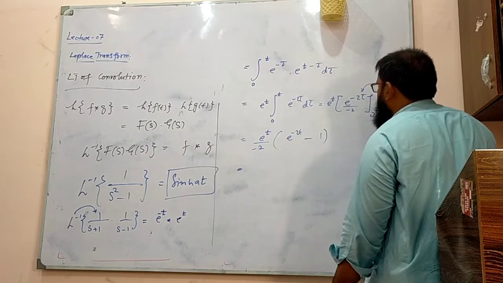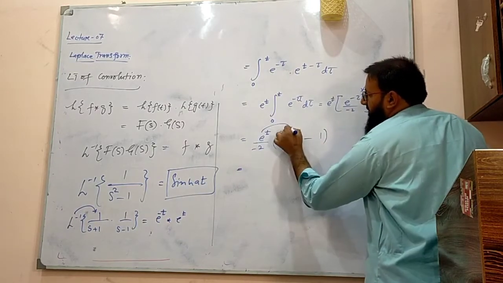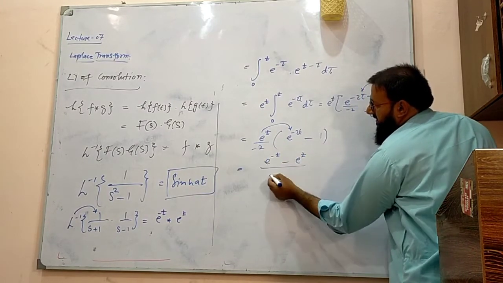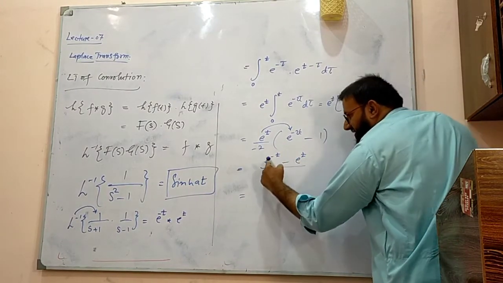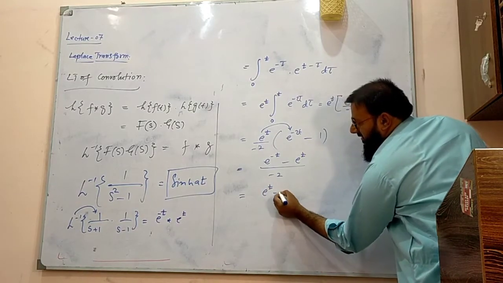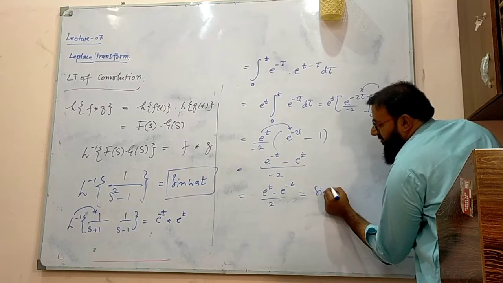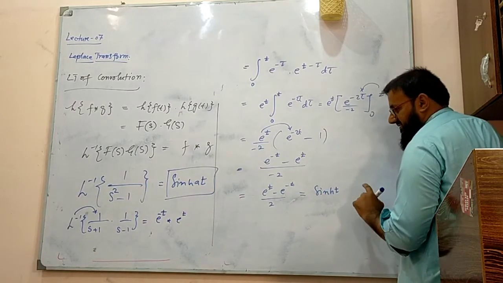Can I simplify this? This is going to be e power minus t minus e power t divided by minus 2. Taking minus common, e power t minus e power minus t divided by 2. And we know very well this is equal to sine hyperbolic t.